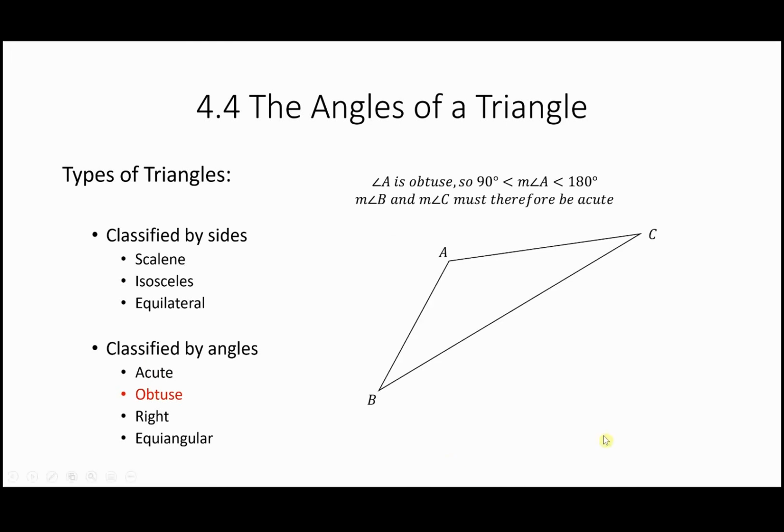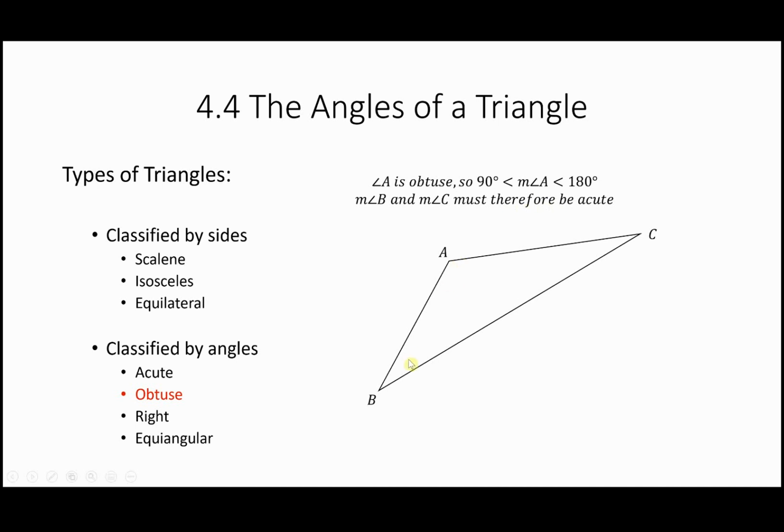An obtuse triangle: by context clues from the definition of an acute triangle, you might erroneously assume that an obtuse triangle has all three interior angles being obtuse. But what we're going to find with the very first theorem presented in this section is that that's actually impossible, because the interior angle sum of any triangle's angles has to be less than 180 degrees.